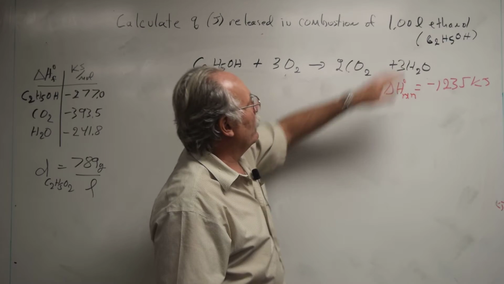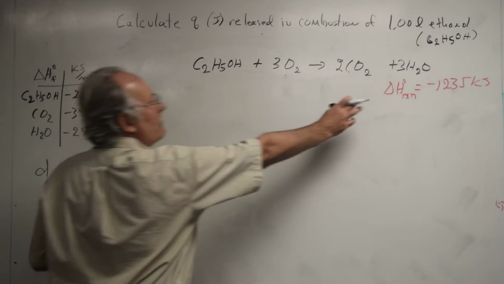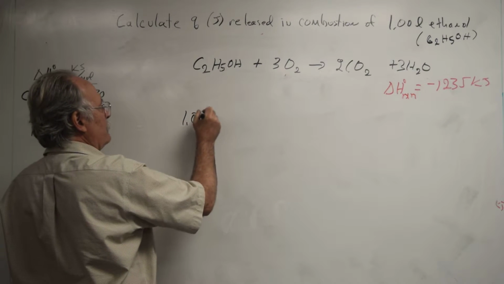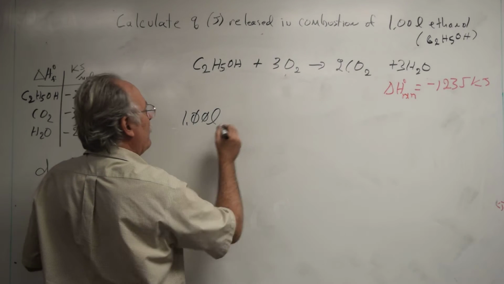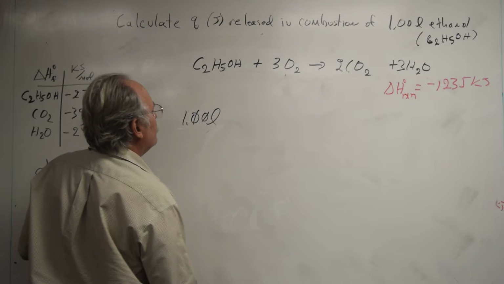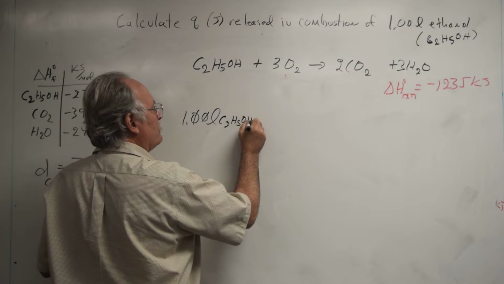Now that I know this, I can ask myself how much energy is released when I burn 1 liter of ethanol. So I need to convert my liter of ethanol to moles, and then use this value per mole. So I start with 1.00 liters of, if I said water, I meant ethanol, C2H5OH.